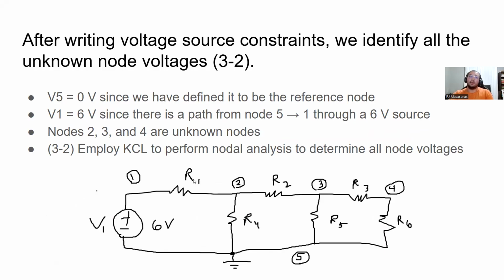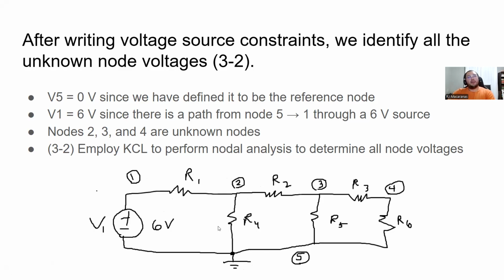So for R1, for example, the voltage drop across it would be the difference of this node voltage and this node voltage, depending on the current and whatever direction the current's going. But that's just one thing to keep in mind: these node voltages aren't voltages in the sense that they're appearing across elements. They're all with respect to the ground, or reference node.